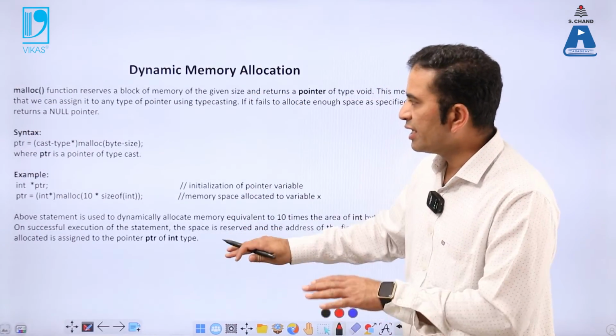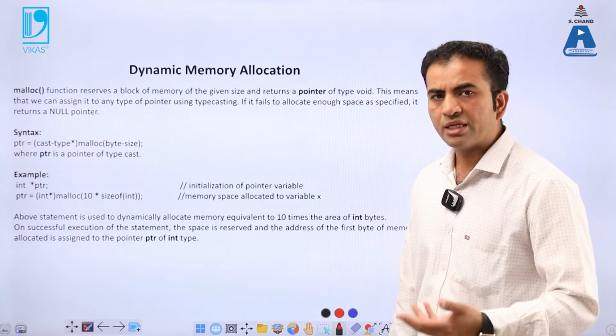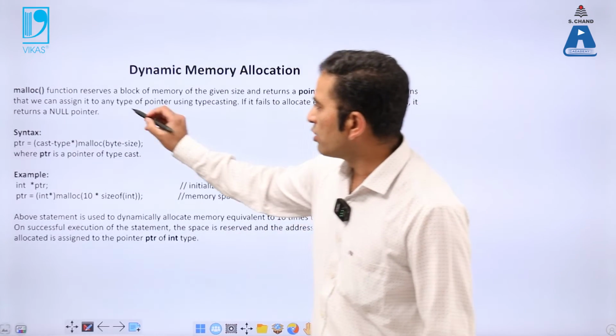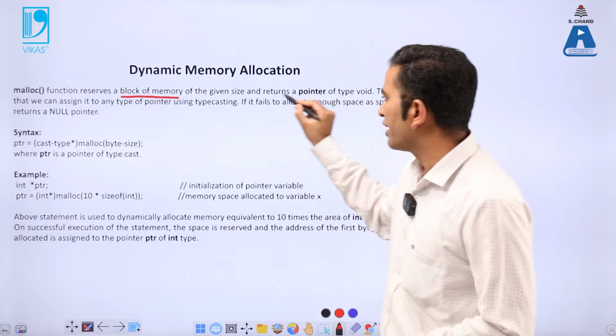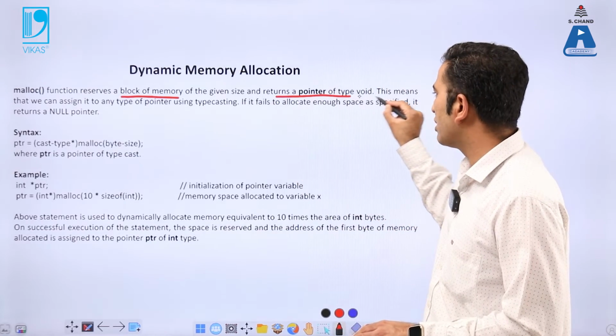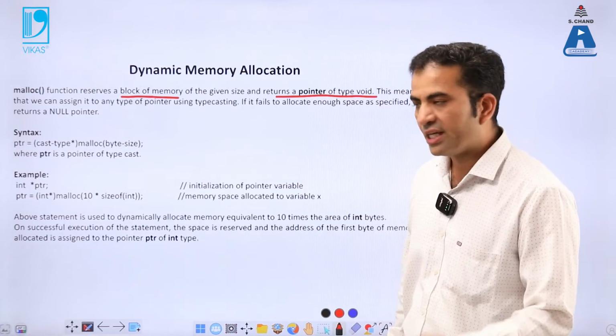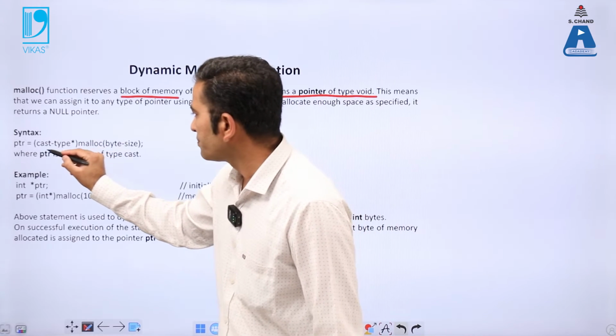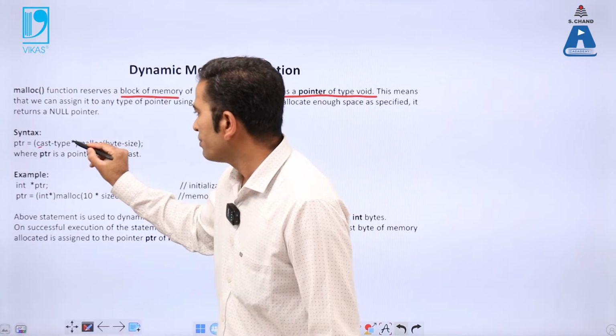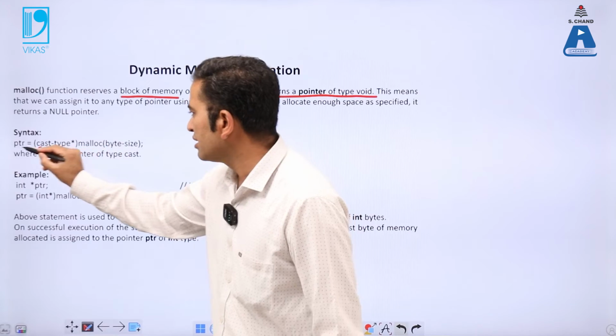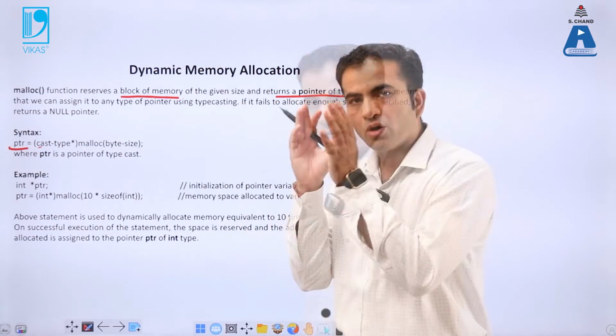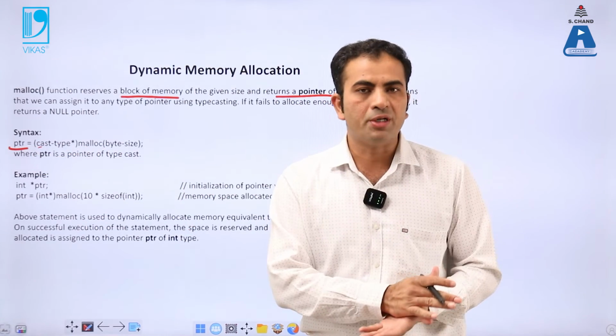Now we will study the malloc function and understand what the malloc function is. The malloc function reserves a block of memory of a given size and returns a pointer of type void, a generic pointer. So how to allocate this? Cast type star ptr equals malloc byte size, this is the syntax. PTR is a pointer type because the memory is always assigned to pointer type variables.